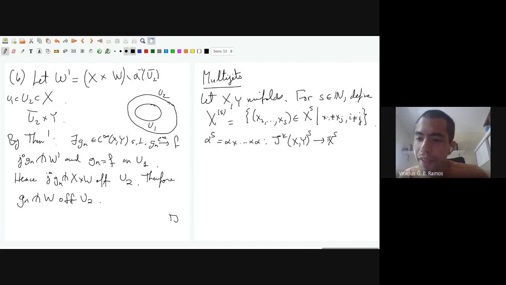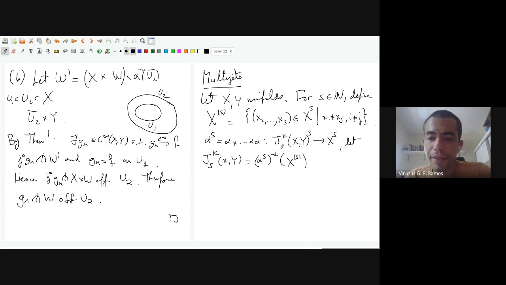So we can now define the set of s k-jets to be alpha s, the pre-image of this set X parentheses s. So what is this set of s k-jets?